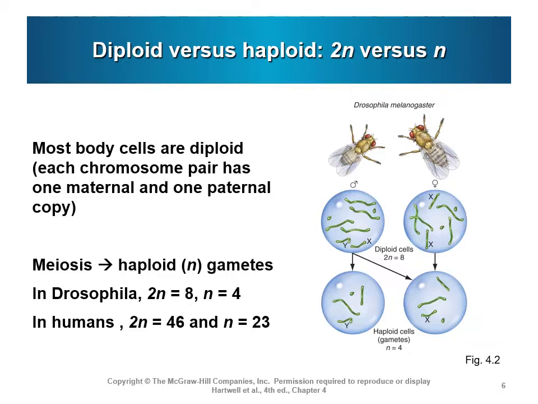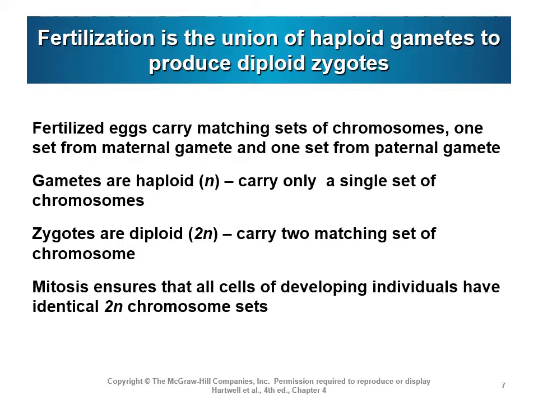In humans, for example, in general, we have 46 chromosomes, but sex cells are haploid cells containing only 23 chromosomes. Fertilized eggs carry matching sets of chromosomes. They have a complete set coming half from maternal and half from paternal gametes.